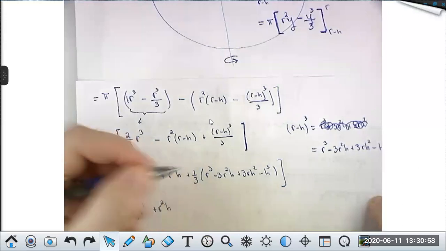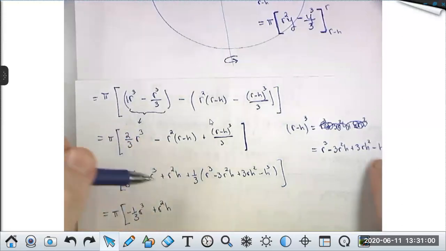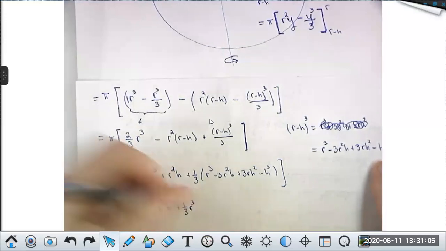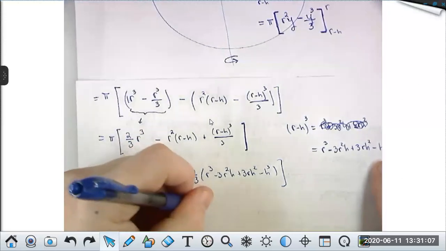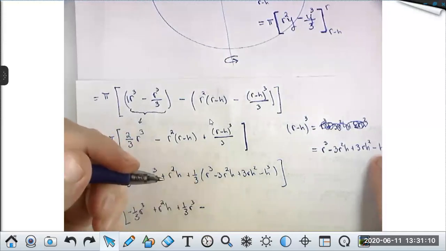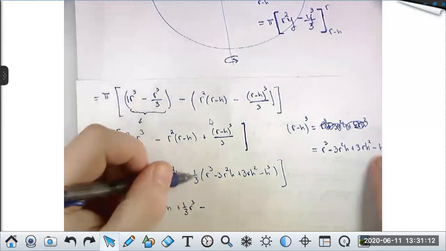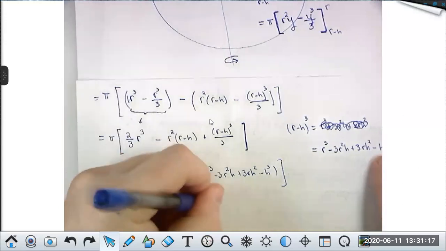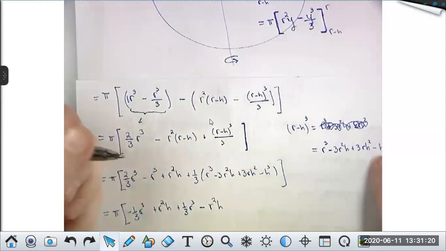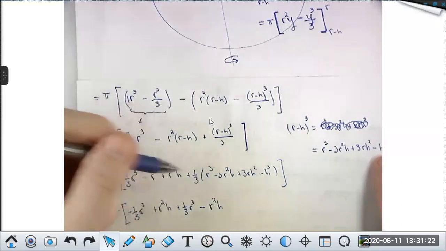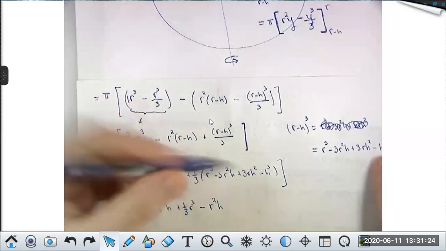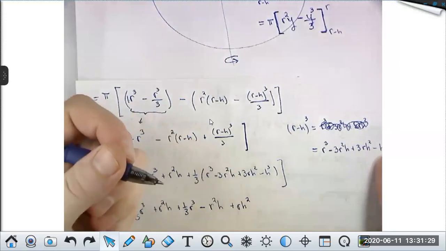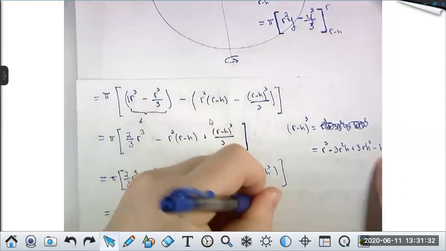Just come along for the ride. We'll see what we get. I have plus 1/3 R cubed. So it's back to 0 R cubed, it just cancels out, right? Yeah. And then I'll have 1/3 times negative 3R squared h minus R squared h, which will cancel also. And then I'll have plus R h squared minus 1/3 h cubed.